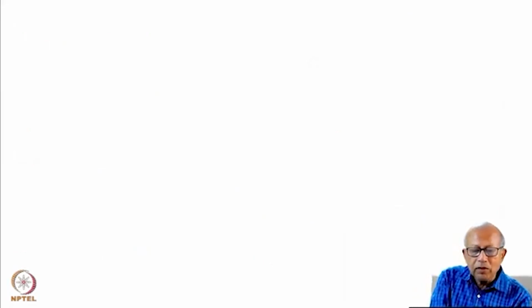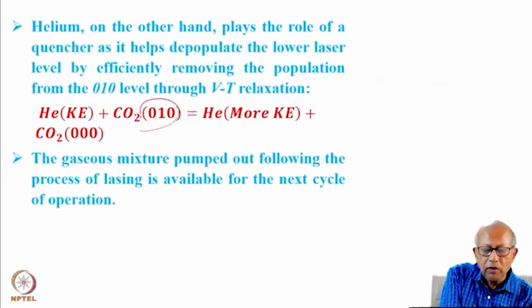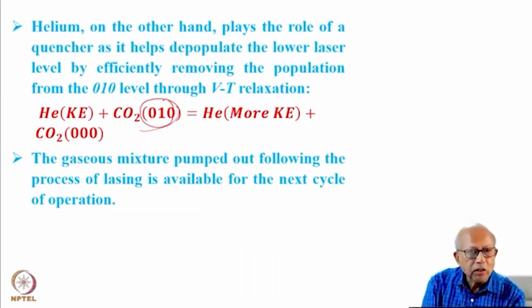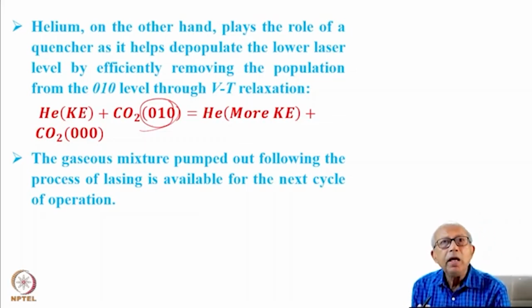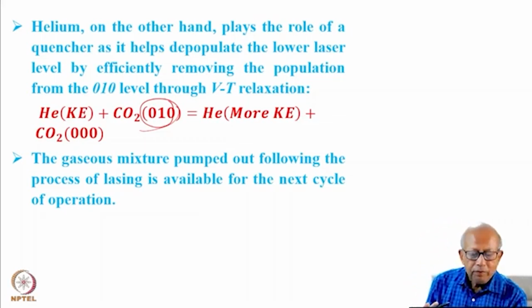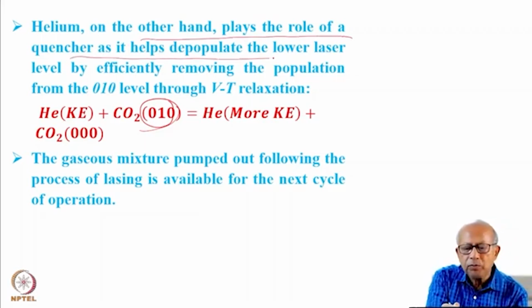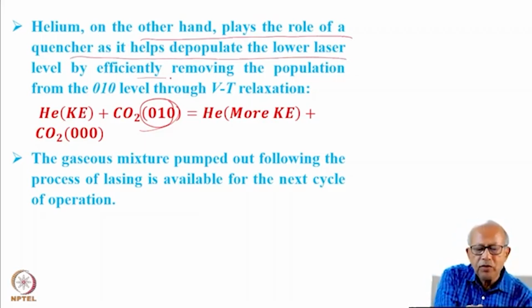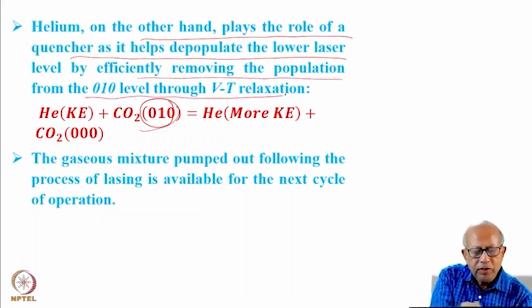Similarly, if helium is added, then helium helps depopulate the 010 level very efficiently. So that will further reduce the lower laser level population, which will increase the population inversion even more. Thus, helium plays the role of a quencher as it helps depopulate the lower laser level by efficiently removing the population from the 010 level through VT relaxation.